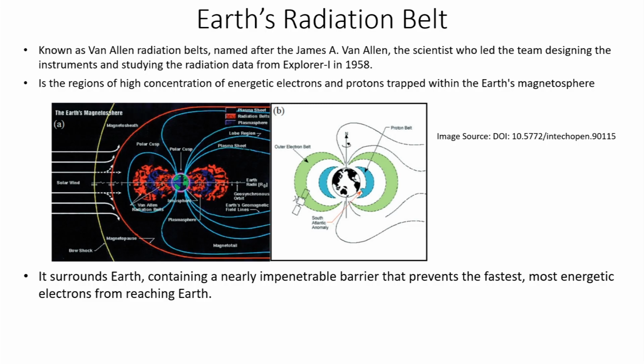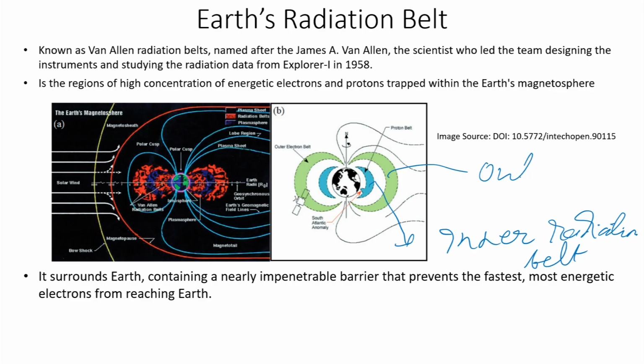Basically this is because of these trapped charged particles known as the radiation belt. You can see there are two belts. This is the inner radiation belt and this is the outer radiation belt.